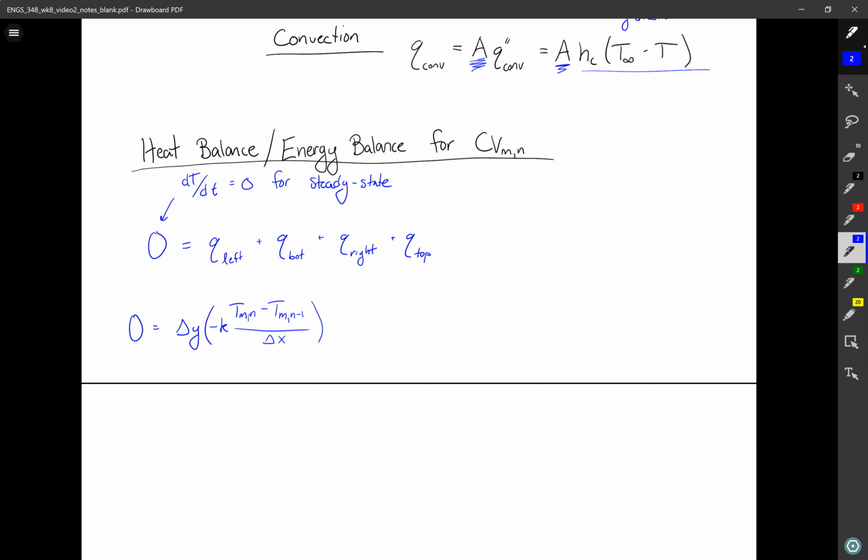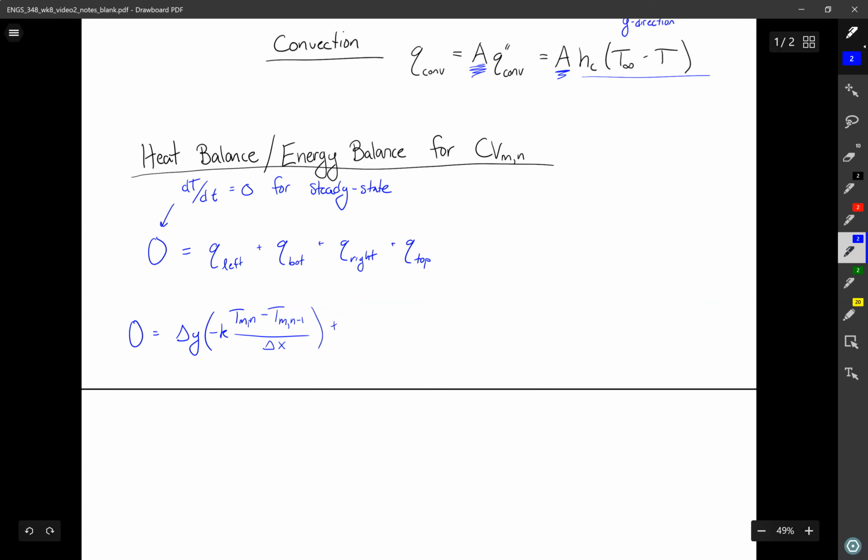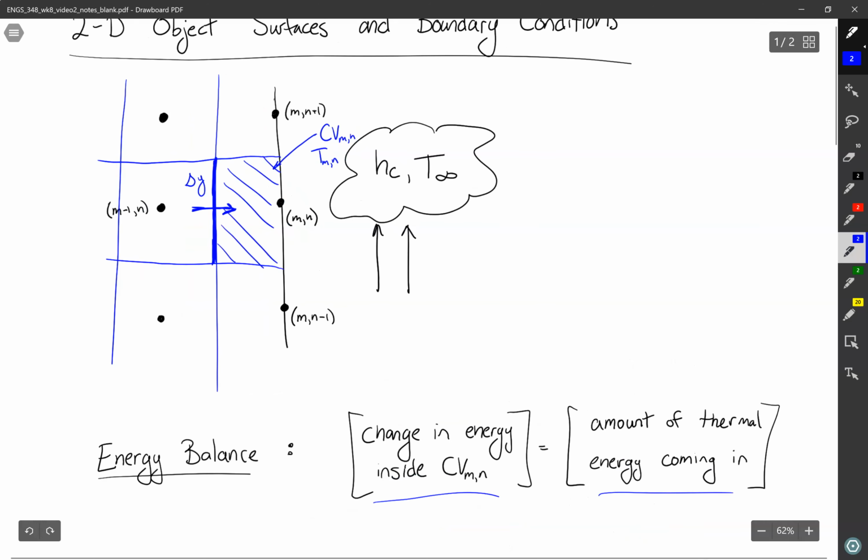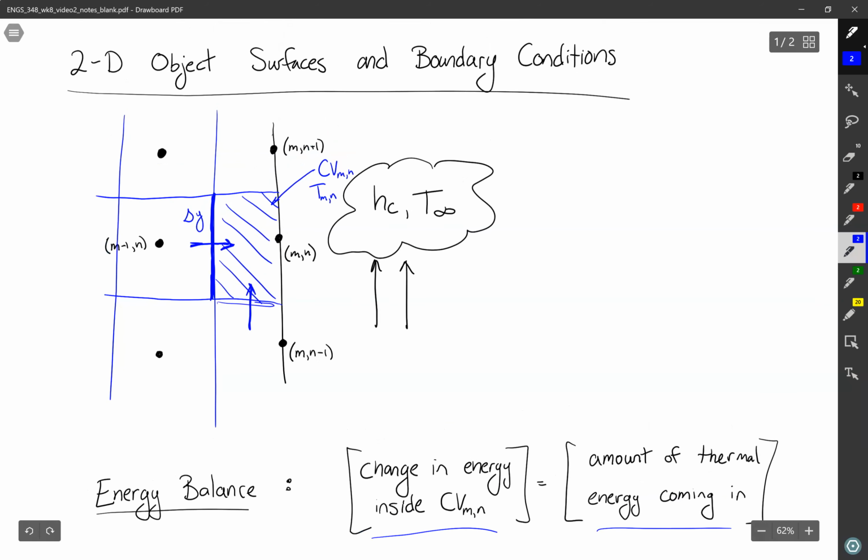The bottom is a little bit different. Again, we have conduction happening here at the bottom, but this area is delta X over 2. It's only half as wide there because we have the surface. A full delta X would actually take us outside of the object to the right.